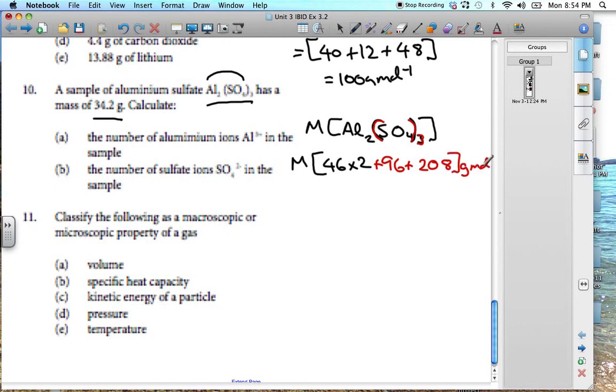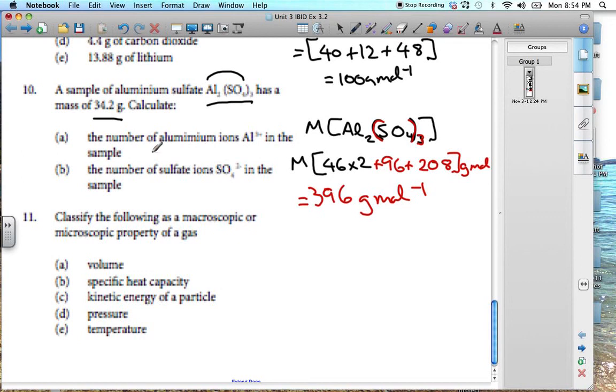Grams per mole. And that total, well, let me use a calculator here. My brain is coming to an end with this. So it's 46 times 2 plus 96 plus 208, and I get 396. Oh, sorry, I pushed the wrong button there. 396 grams per mole.